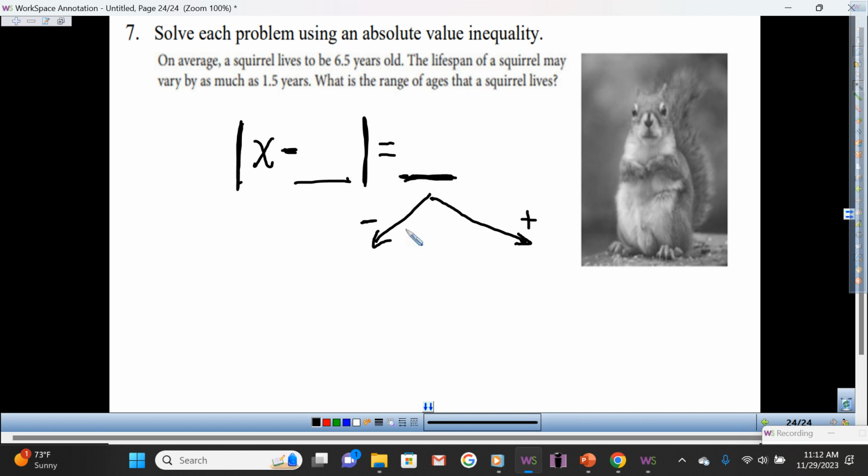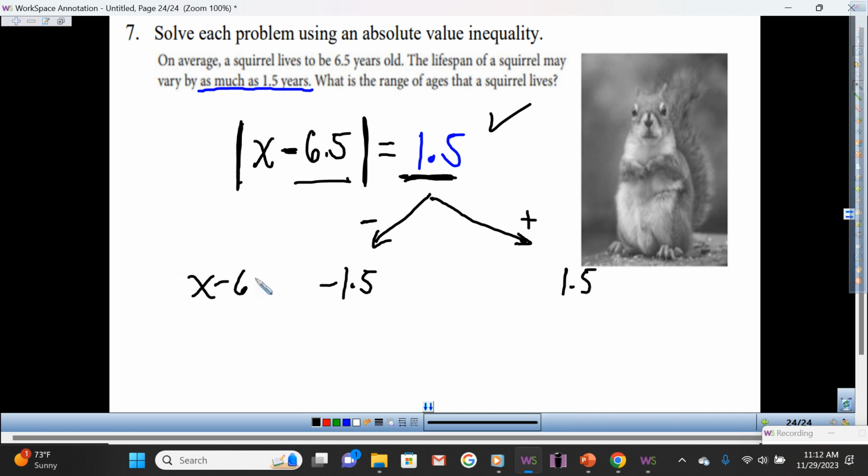How much does it vary? Which one goes up and down? 1.5 goes right here. That means that the other number has to go inside, 6.5. So now that we have our equation, then we set up negative 1.5 over here, positive 1.5 over here, and then the rest.